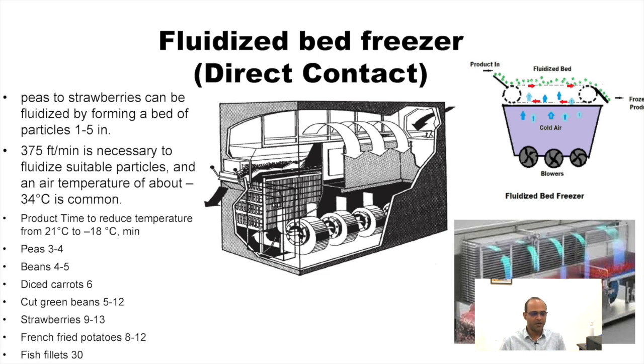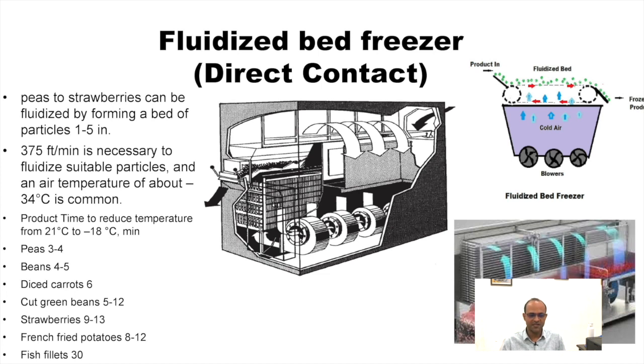For example, the time required for reducing the temperature from 21 degrees Celsius to minus 18 degrees Celsius: peas will take around 3 to 4 minutes, beans around 4 to 5 minutes, and diced carrot around 6 minutes. Similarly, fish fillets will take around 30 minutes to reach minus 18.